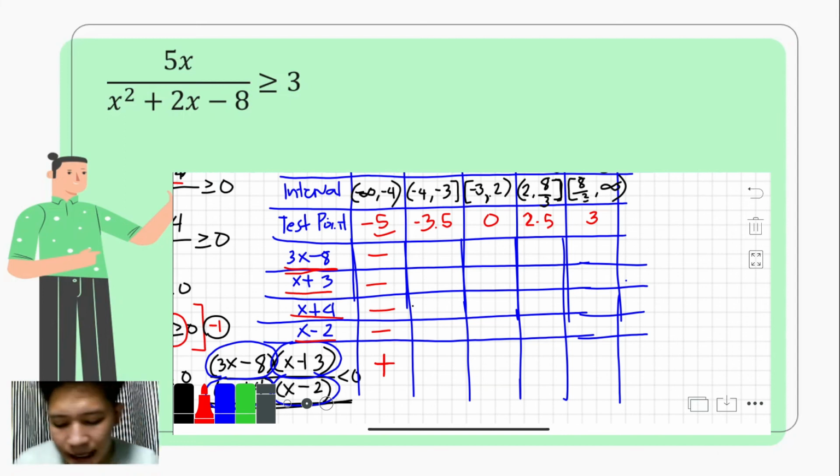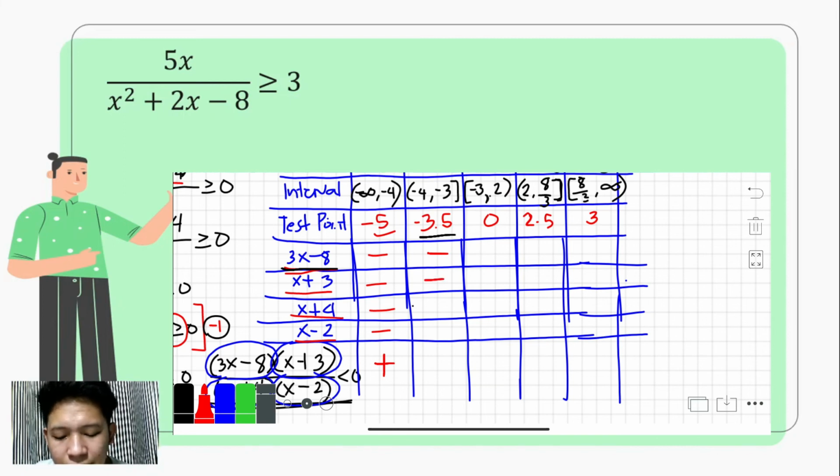Okay, and next is that we have negative 3.5. So, substitute natin kay 3x minus 8. So, we have here 3 times negative 3.5. So, that is negative 10.5 minus 8. That's negative. Okay, and then we have negative 3.5 plus 3 is negative.